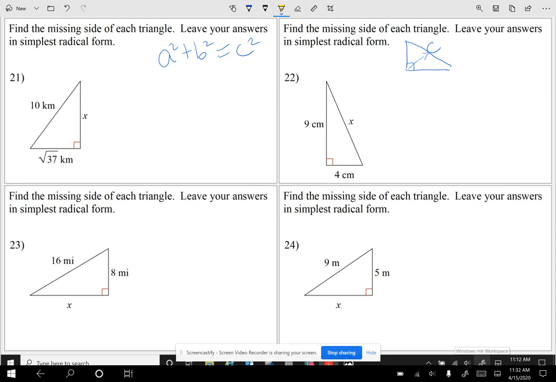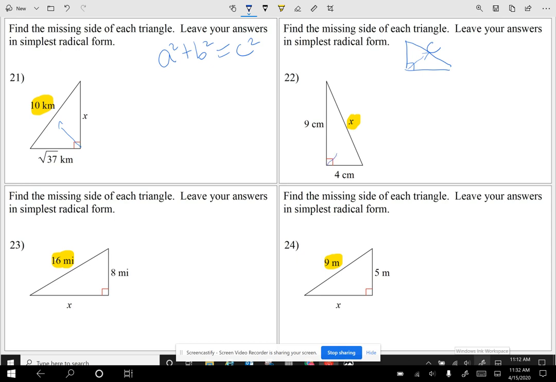So let's see. Question number 21. Here's my 90 degrees. I go through it. This is going to be my C. Question number 22. This is going to be my letter C. Question number 23. This is my C. Question number 24. That's my C. How do I find out the C?